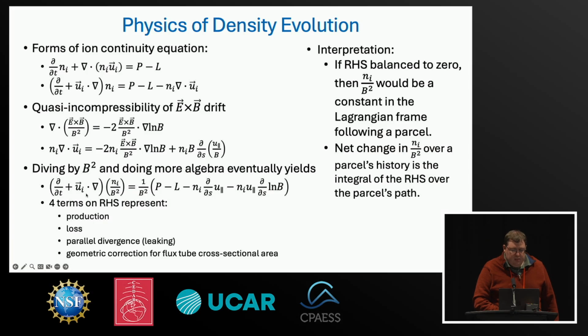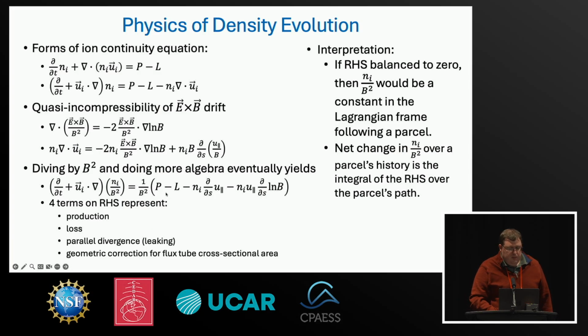So this on the left is just the Lagrangian derivative of n over B squared. So if all these other terms on the right were 0, then density over B squared, or density over magnetic pressure, would be a conserved quantity as you move stuff around through the plasma. And the only way for that not to be conserved is if these other terms on the other side of the equation are not zero.